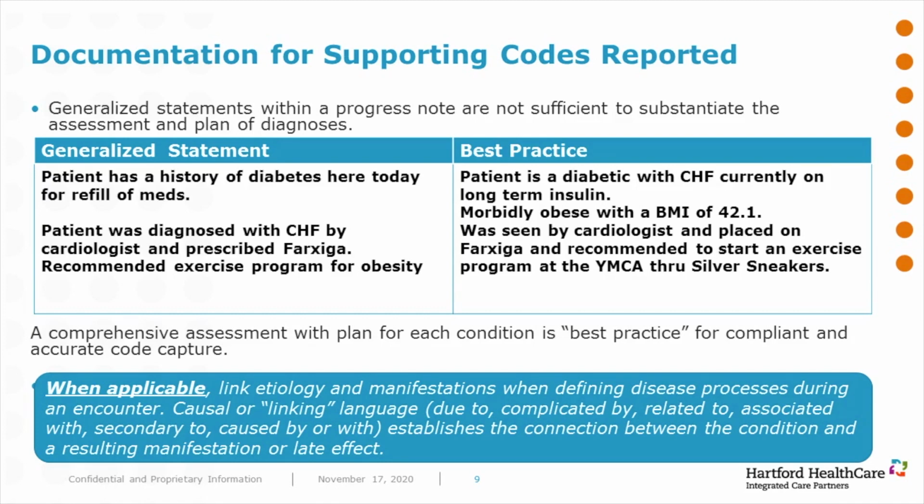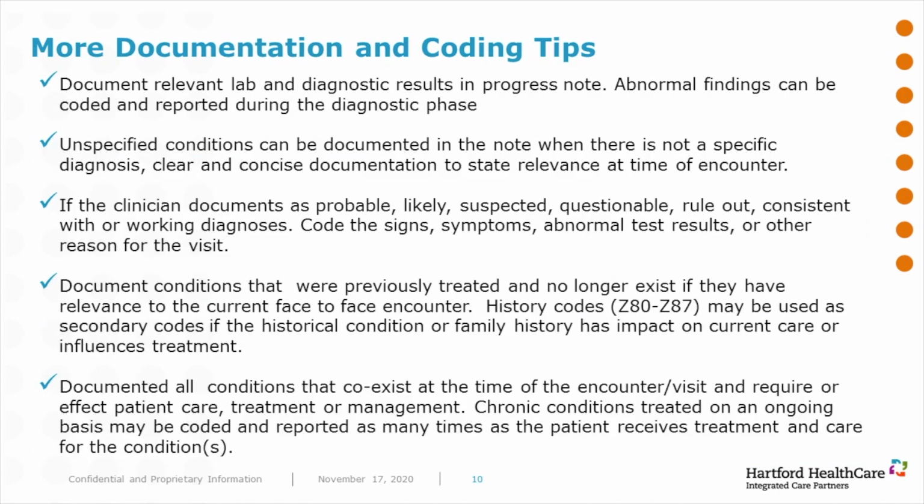So you would use E11.59, which is really an unspecified code because they are not a combo code for diabetes due to HTN. And so you would use the E11.59 with the I10 code to capture those codes and then link the conditions in the note. So again, diabetes with hypertension.